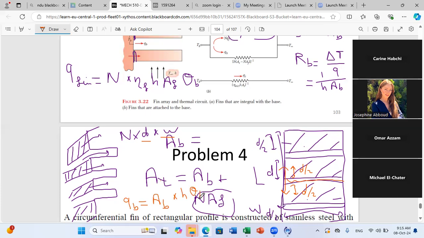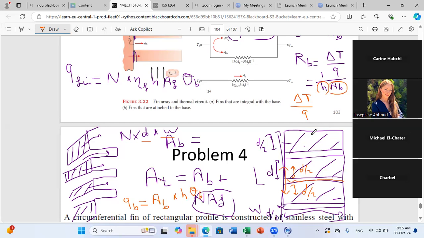Now, if you want to find the corresponding resistance, as we know, it is delta T over Q. So the resistance at the base is 1 over the convective coefficient times the area of base not covered by fins.